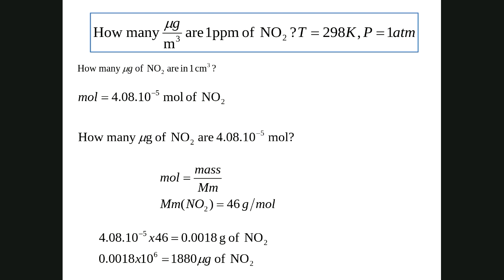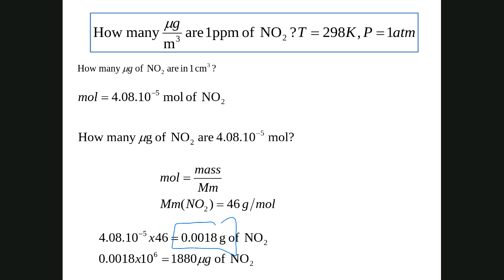Rearranging the equation, we can work out that the mass of nitrogen dioxide will be the number of moles multiplied by the molecular mass. And that gives us 0.0018 grams of nitrogen dioxide. And we then can convert the grams into micrograms by knowing that there are 1 million micrograms in a gram.